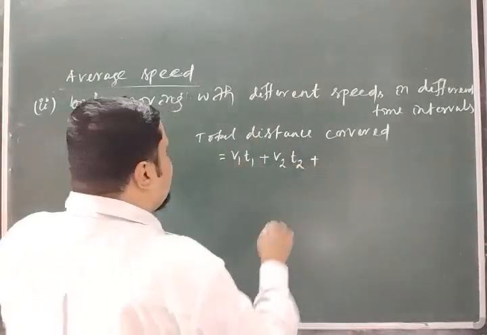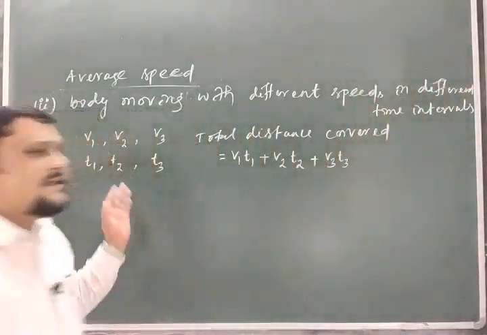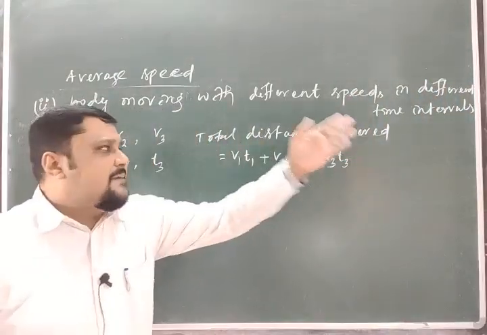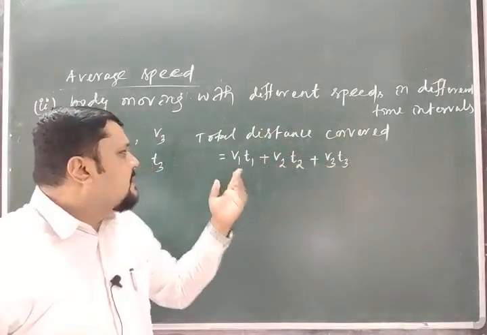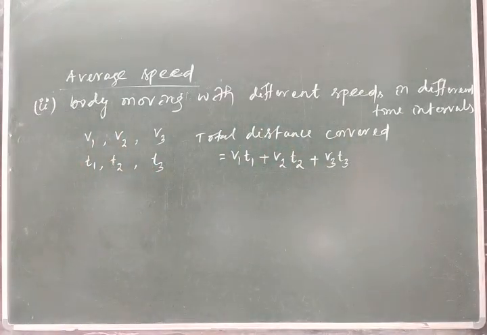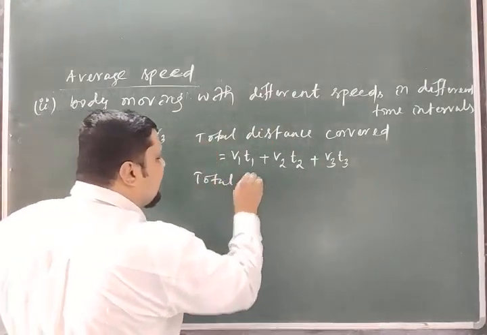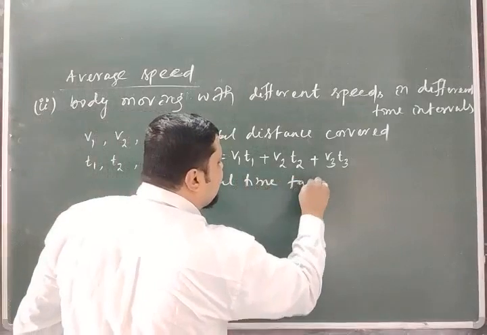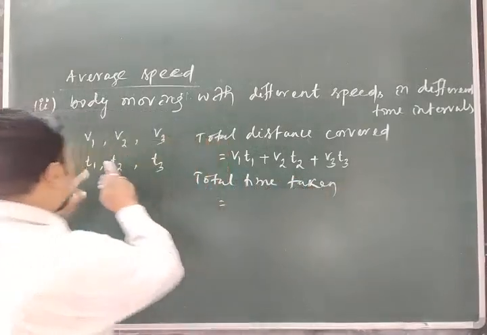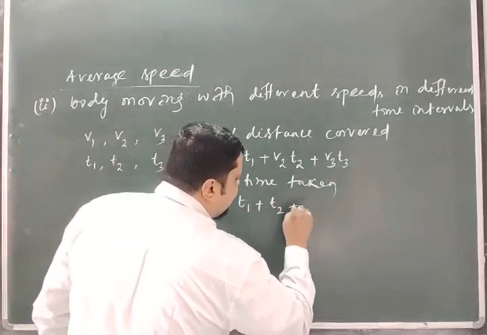Then for the next, it is V3 T3. Speed into time gives the distance traveled. That is the total distance, and the total time taken is T1 plus T2 plus T3.